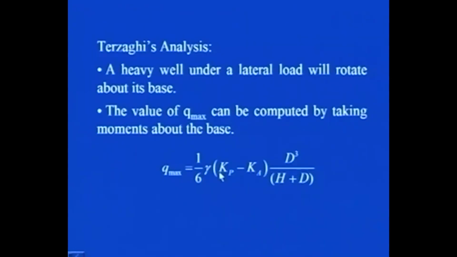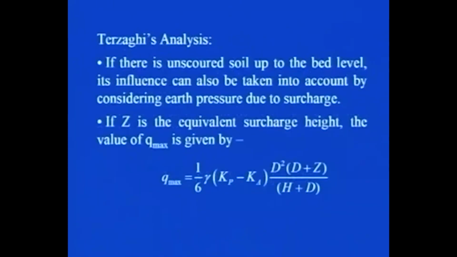Here you can see that all the things are known to you. Kp and Ka you can obtain from Rankine's theory, gamma you have to take as gamma submerged, d is the depth of embedment, and h is the height above the ground level at which this lateral force will be acting on the well foundation.